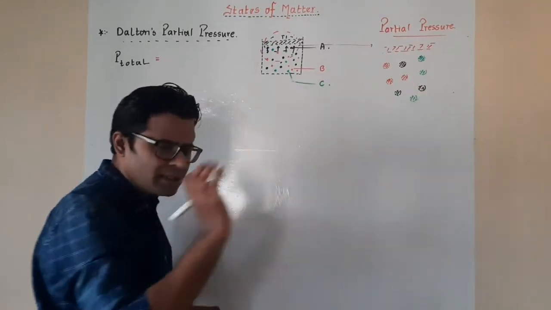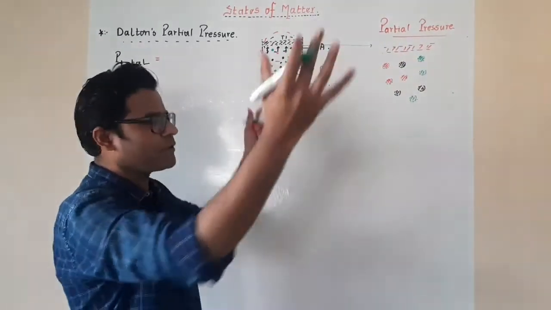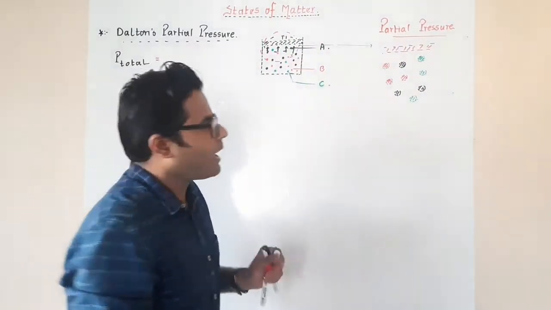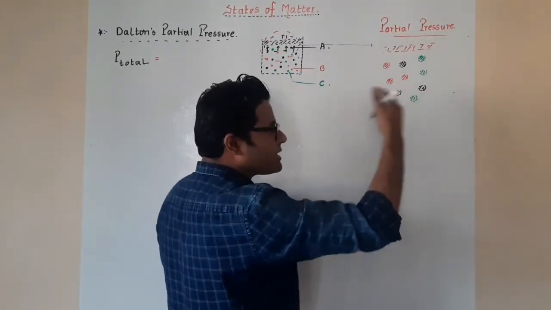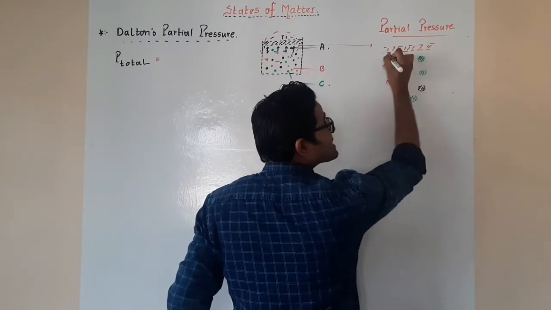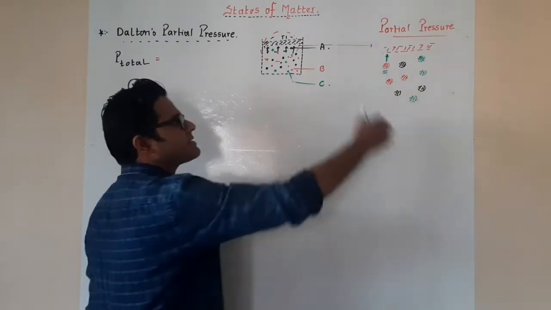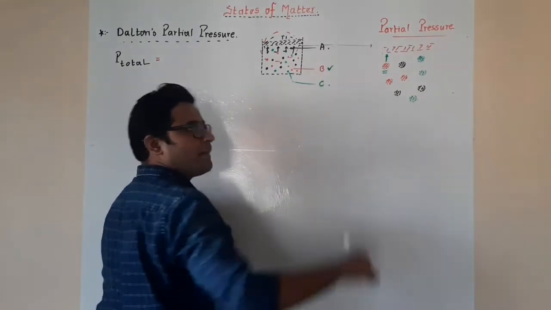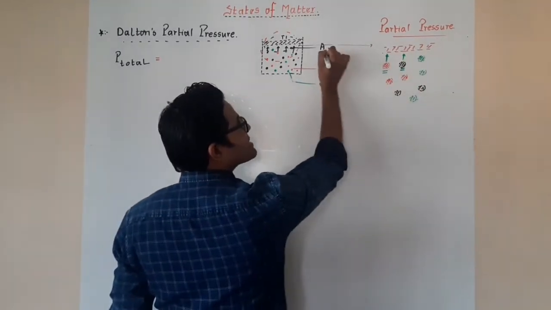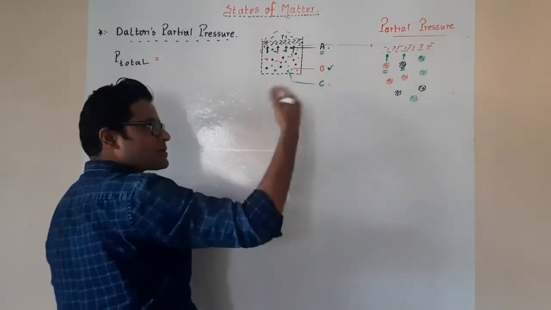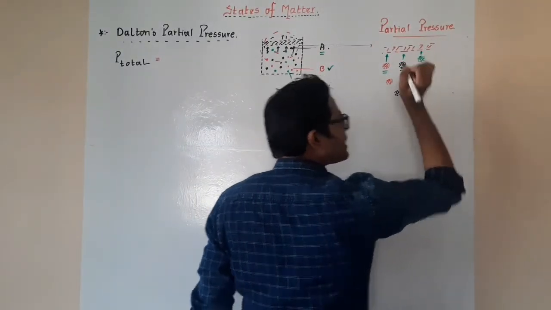Correct. Now, all of these are going to collide, of course, on all sides of the container wall. Now, when they collide, they are going to generate pressure. The total pressure is equal to the pressure exerted by this particular molecule, let's say the molecule B, plus the pressure that is exerted by this black molecule, that is nothing more than A, plus the pressure that has been induced because of this particular C. Correct.